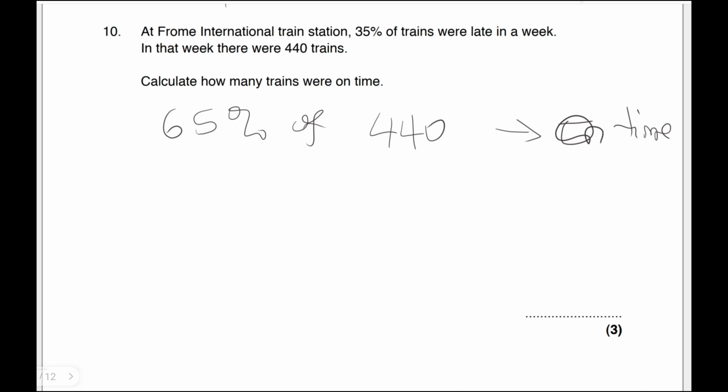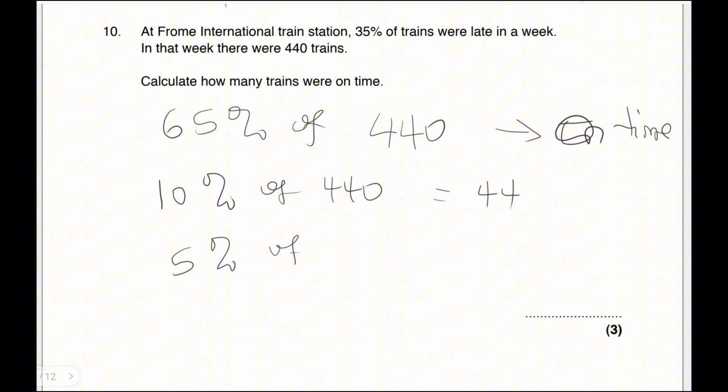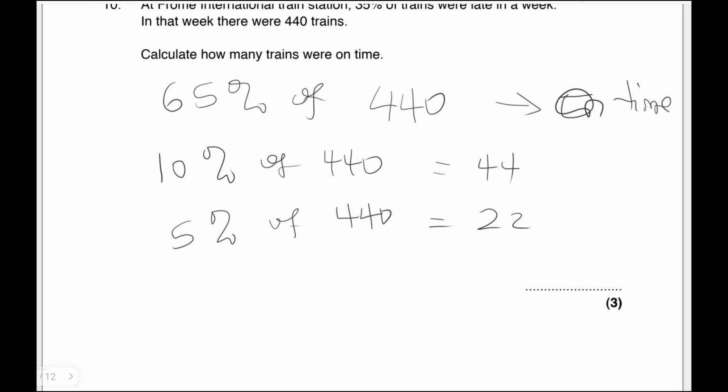So how do we find 65% of something? First of all, again, I'll start with 10%. So 10% of 440 is equal to 44, correct? 5% of 440 is going to be half of that, which is 22. So if 10% is 44, then 60% is going to be 6 times 44, which is 6 times 4 is 24, so that will be 240 for 6 times 40 plus 24, and that would make 264.